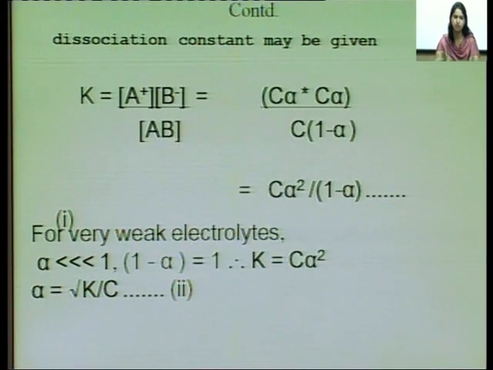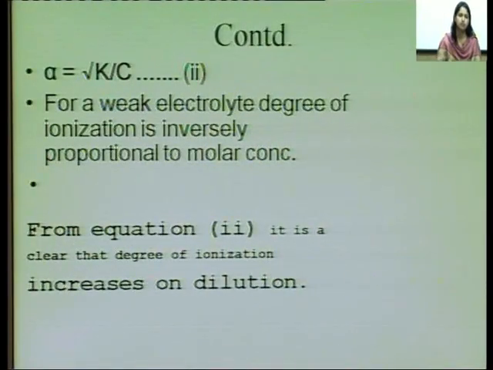So, 1 minus 1 will be equal to 0, and the answer will come to infinity. So, this is not applicable to strong electrolytes, only to weak electrolytes. From this equation it is clear that the degree of ionization increases on dilution. So, degree of ionization increases with increase in dilution.